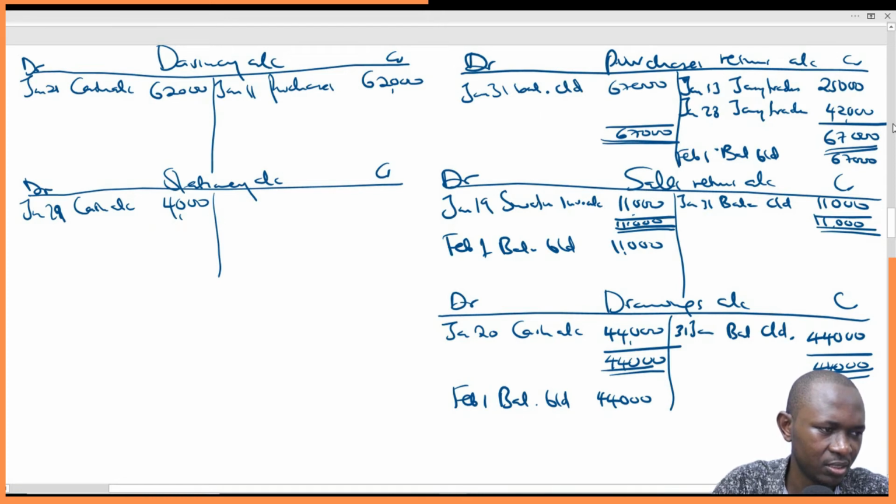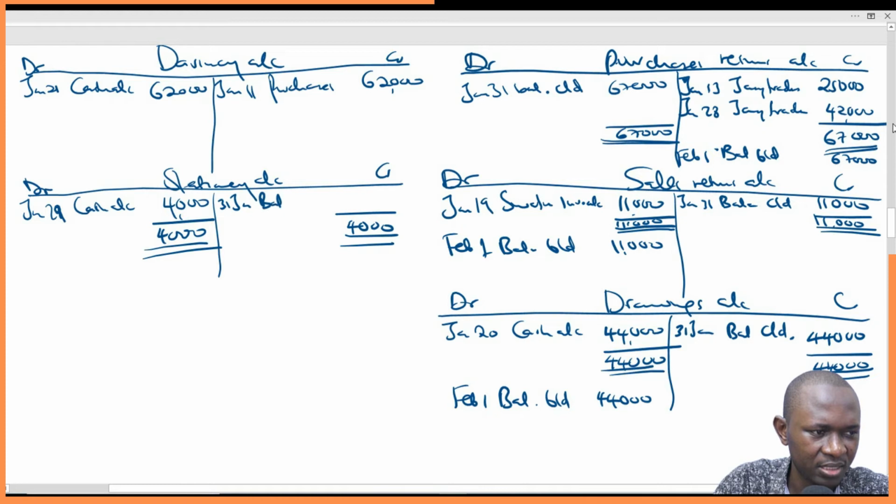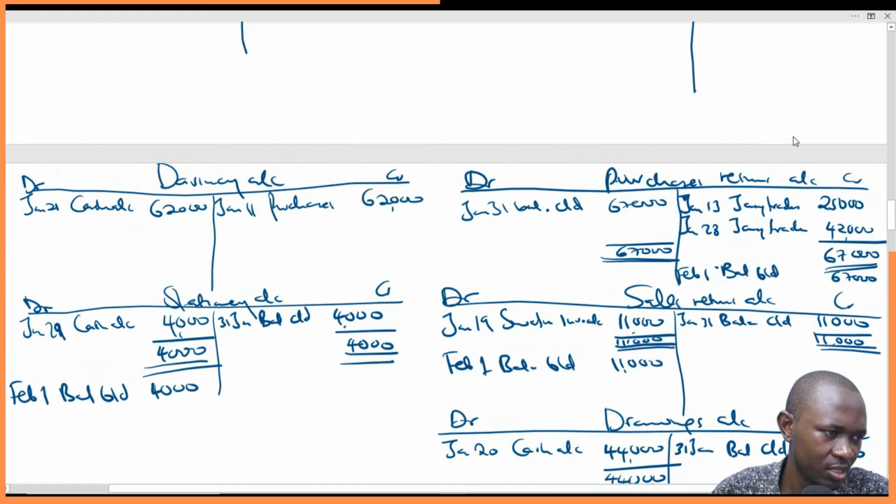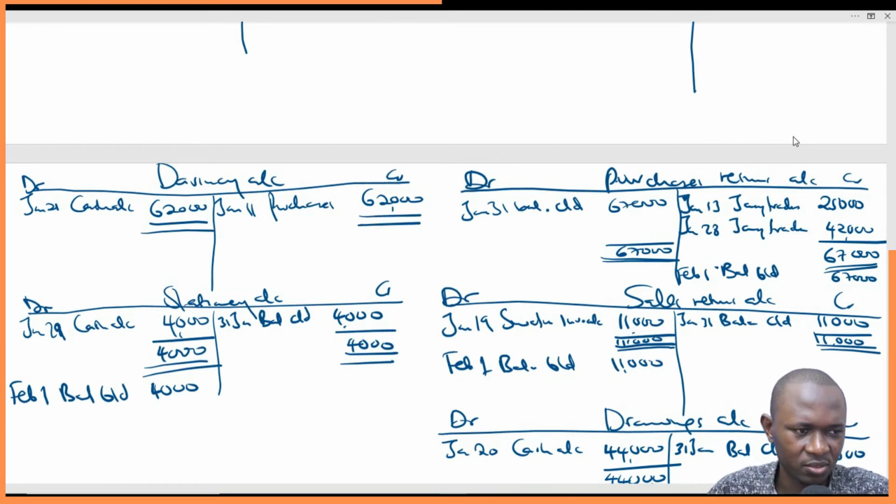So close the stationery, 4,000. This side also 4,000. So 31st January, balance carried down 4,000. And then Feb 1st, balance brought down 4,000, like that. Then you go to the next one. This one has balance, so we just close it like that. So we are done with that one.